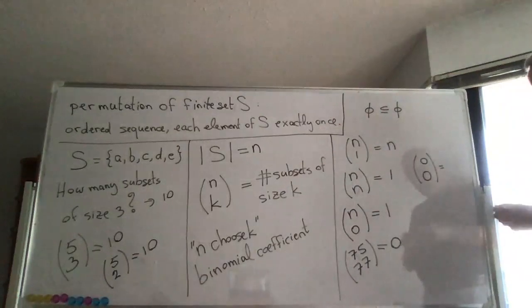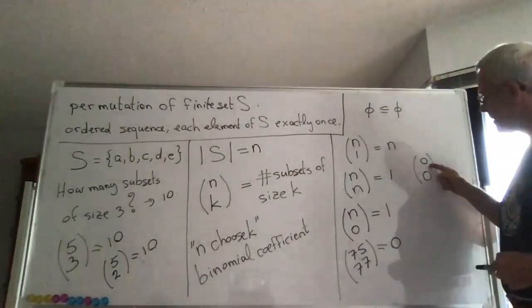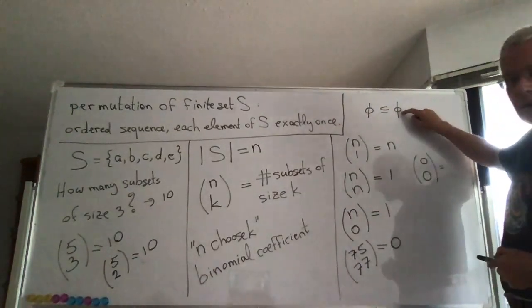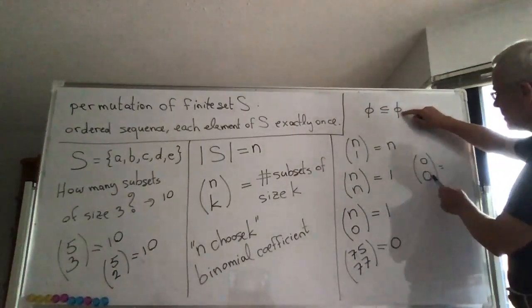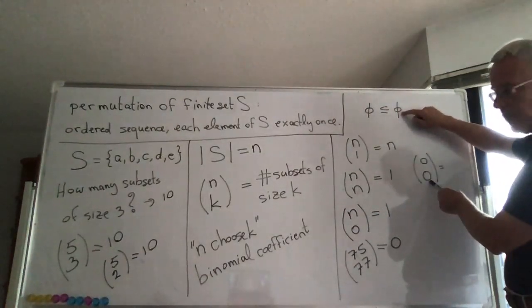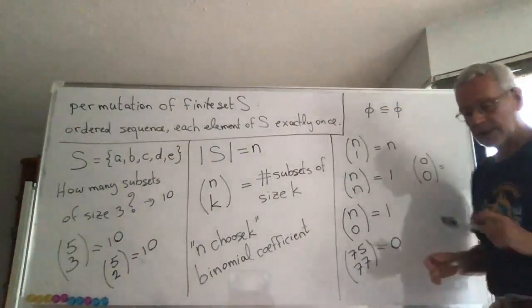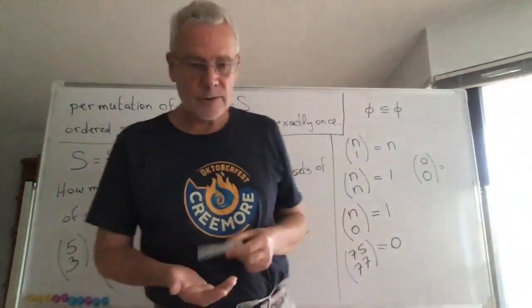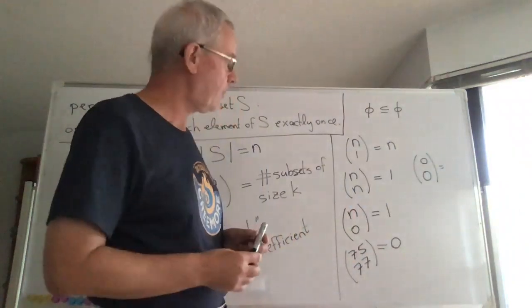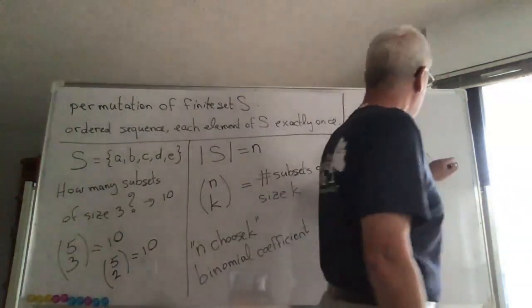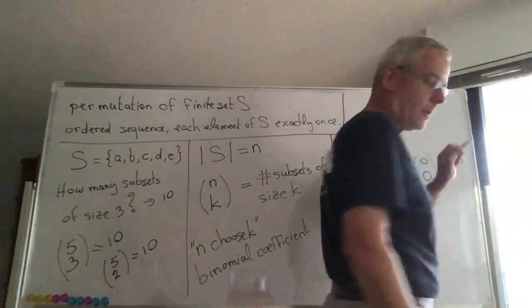So we have to choose the empty set, and the empty set has only one subset of size 0, namely the empty set. So 0 choose 0 equals 1.